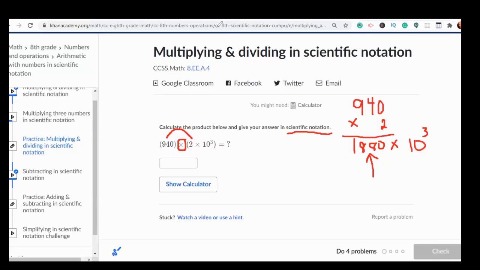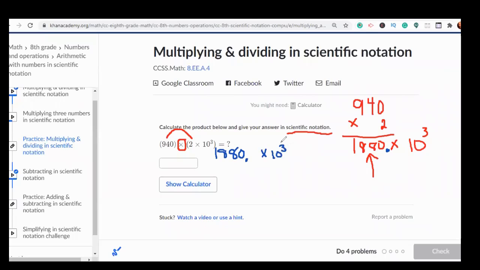So what I like to do when we get to an issue where it looks like scientific notation, but it's really not, I like to turn it back into standard form. Just take it back to a regular number and then put it in the right way. So what we have here with 1880 times 10 to the third, we have an invisible decimal right here at the back. So let's write it over here just to keep everything neat. We have 1880, invisible decimal that I'm going to make visible, times 10 to the third power.